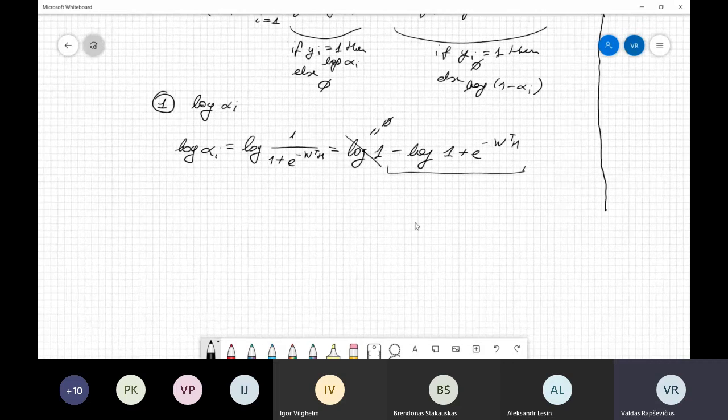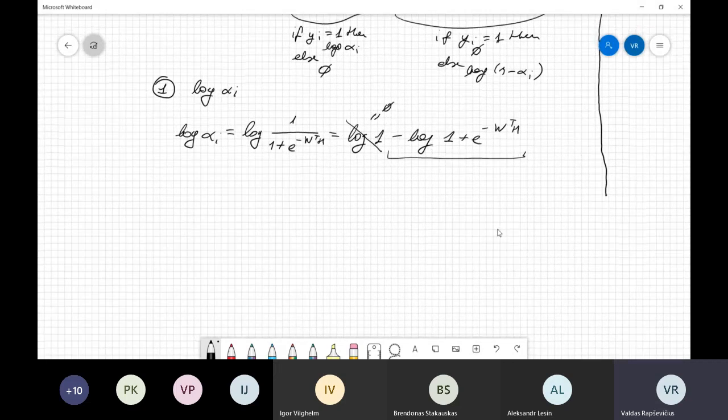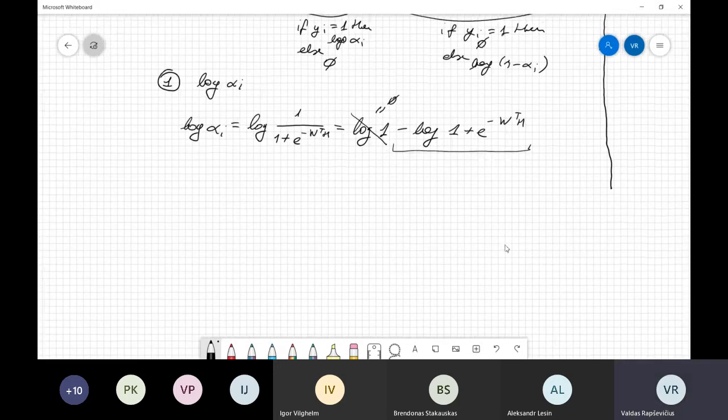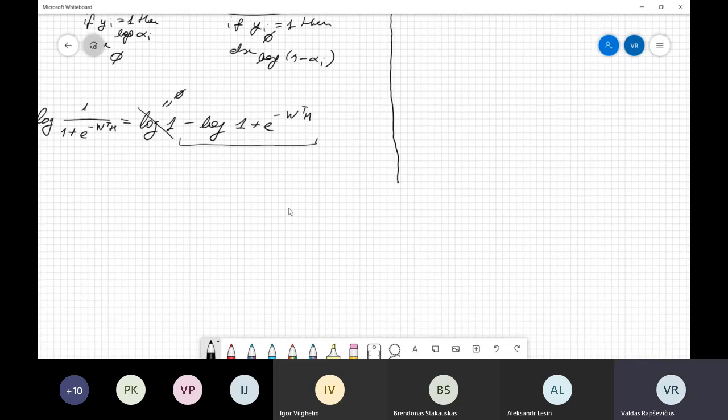Now we can try to find the derivative of this. The derivative with respect to Wj, to one of the parameters, one of the dimensions, of log alpha i equals... okay, now a couple of rules I need to add here for your convenience.